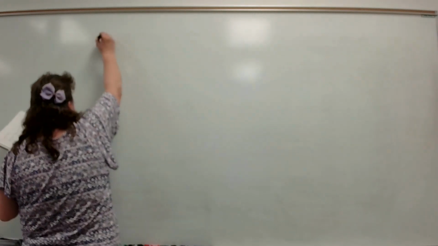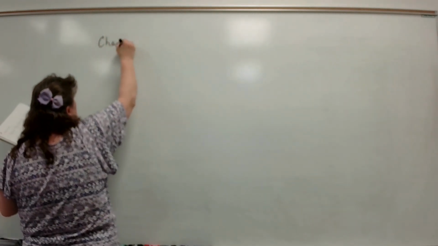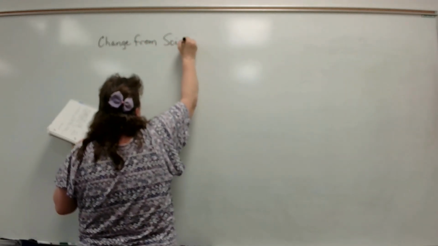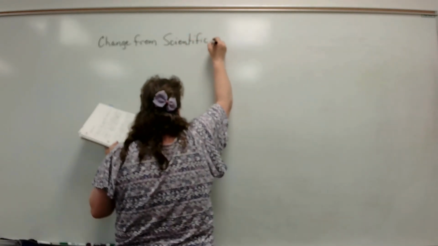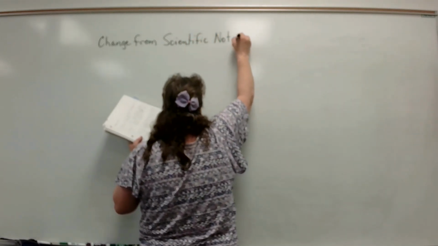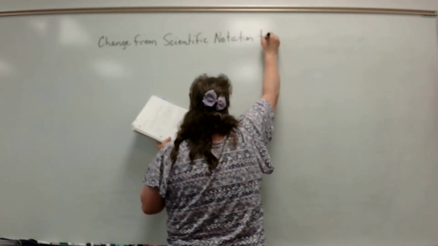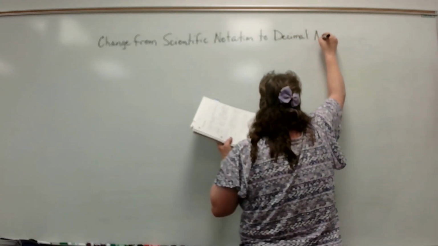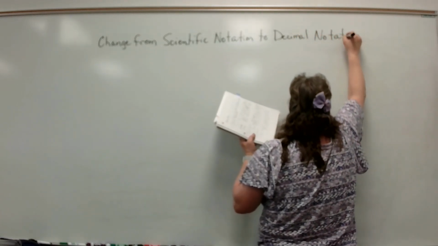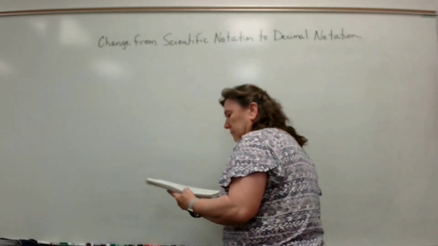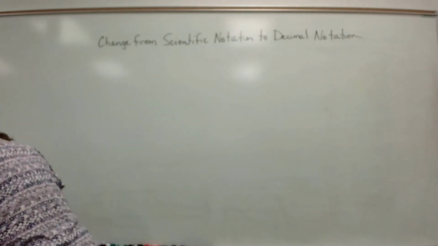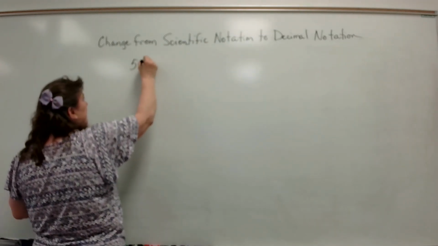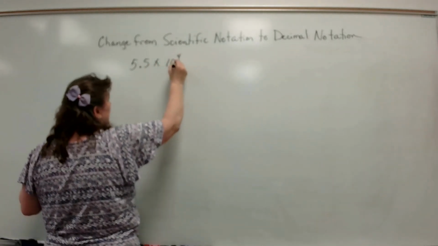So now we're going to change from scientific notation to decimal notation. So, 5.5 times 10 to the 4th.